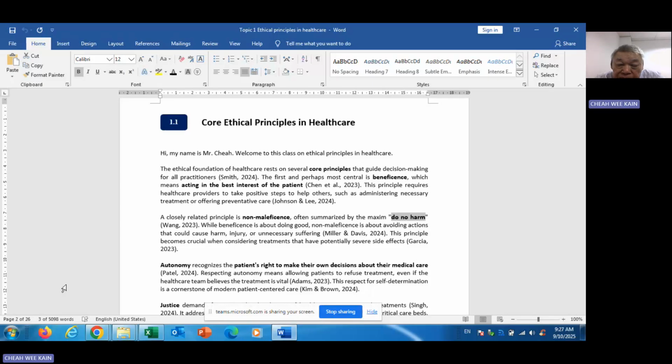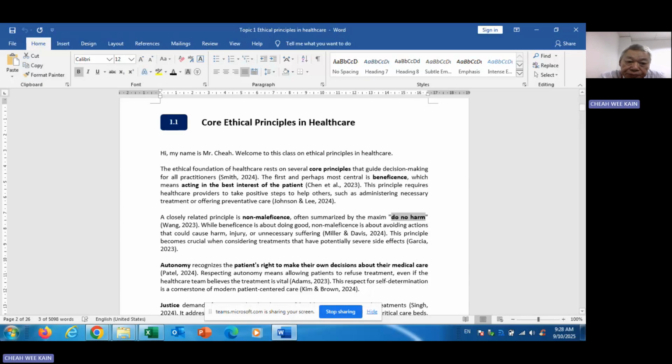So please be aware, do no harm to the patient. If you don't have the knowledge, you don't have the equipment, you don't have the support, do not aggravate the situation by assuming out of kind-heartedness that you can do whatever you want to do.